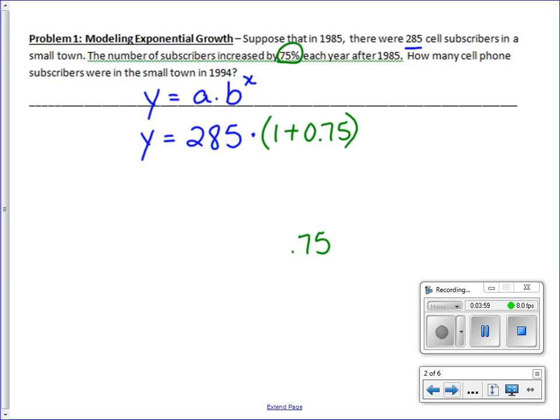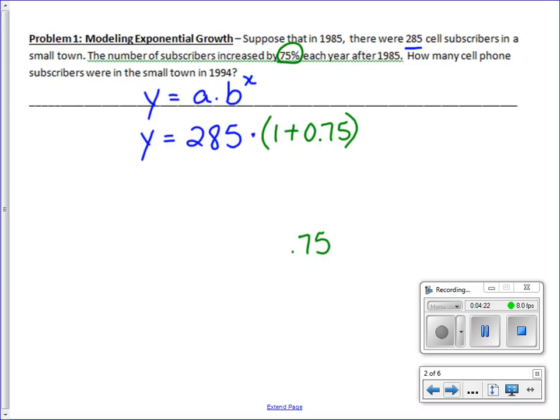And so 1985 is our initial year, which would be year 0. We want to know how many there are in 1994. So how many years is 1994 after 1985? Well, just a quick count.